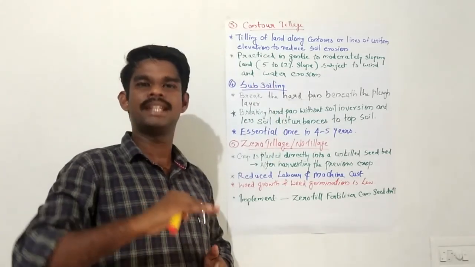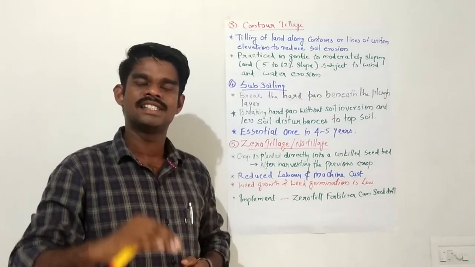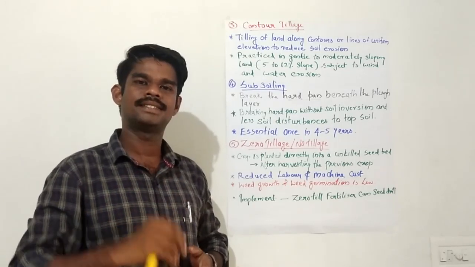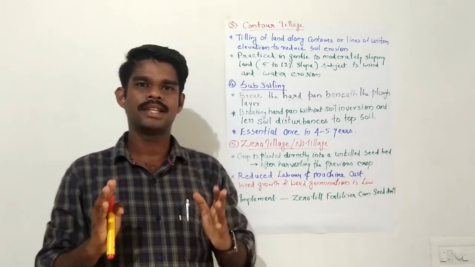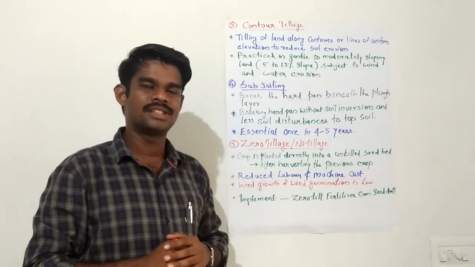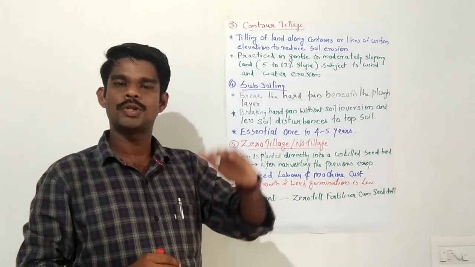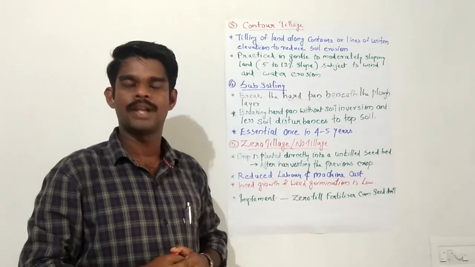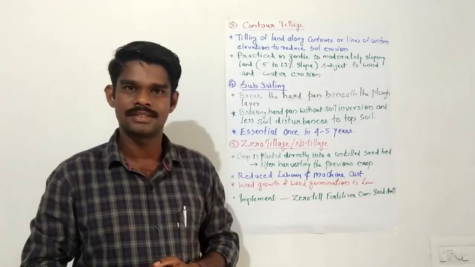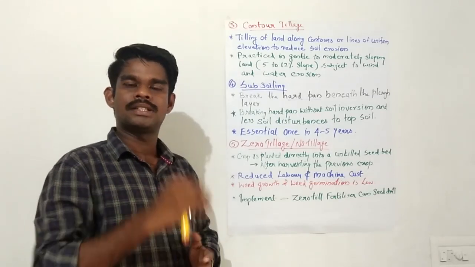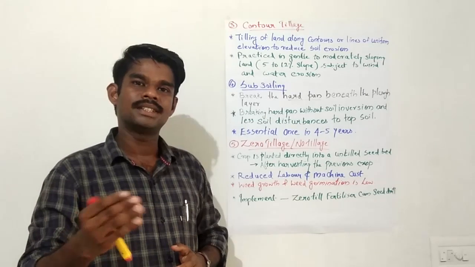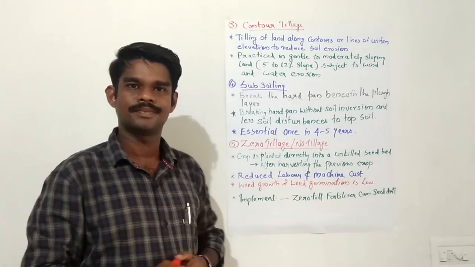It is mainly done to a depth of 70 to 90 centimeter. Normally, the tillage which is done is up to 10 to 18 centimeter by using animal drawn implements and 15 to 20 centimeter by using tractors.